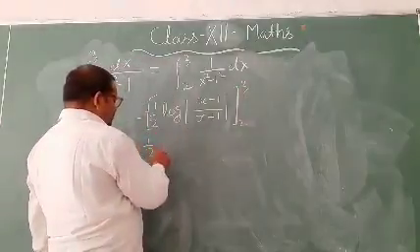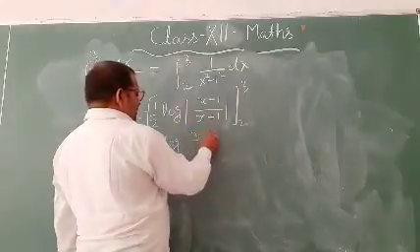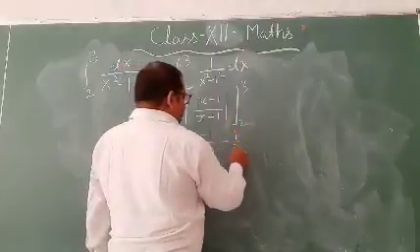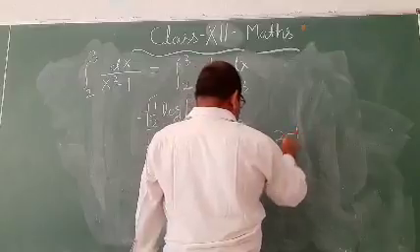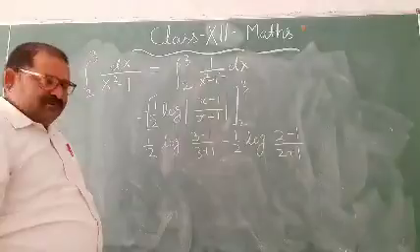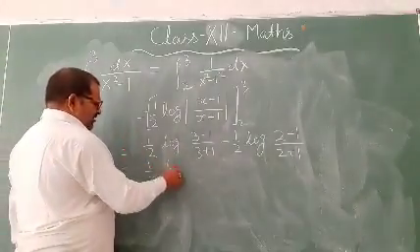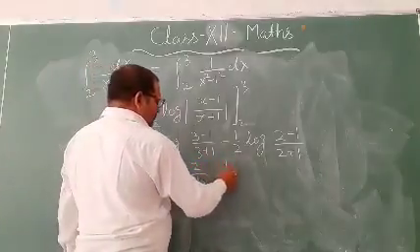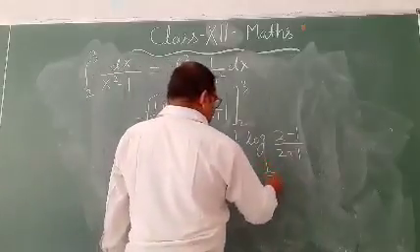So 1 by 2 log of (3 minus 1) upon (3 plus 1) minus 1 by 2 log of (2 minus 1) upon (2 plus 1), which is 1 by 2 log of 2 by 4 minus 1 by 2 log of 1 by 3.